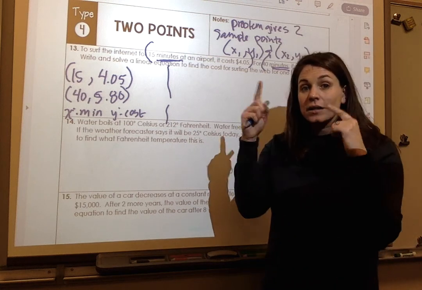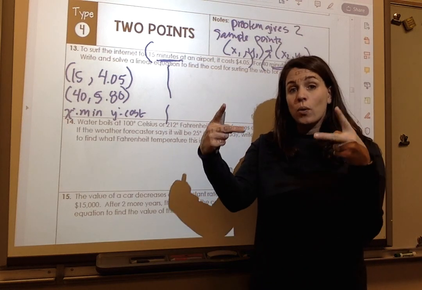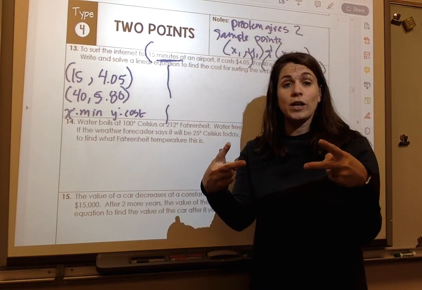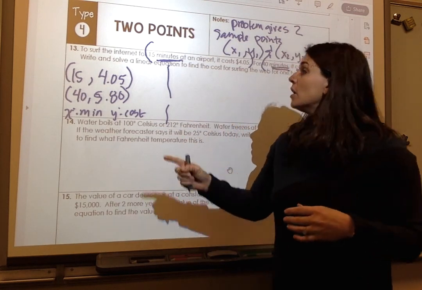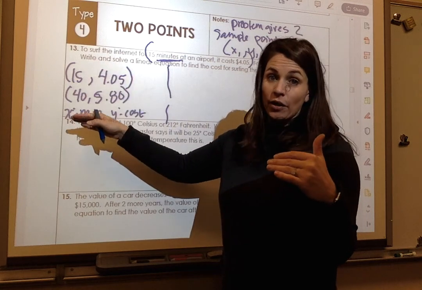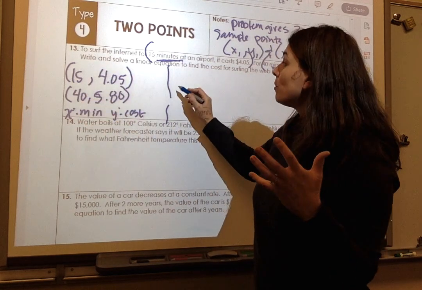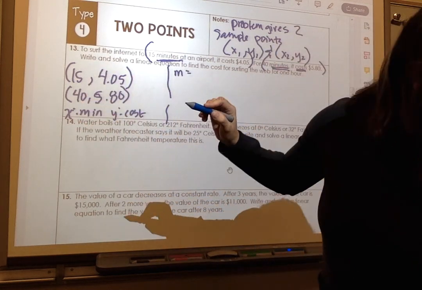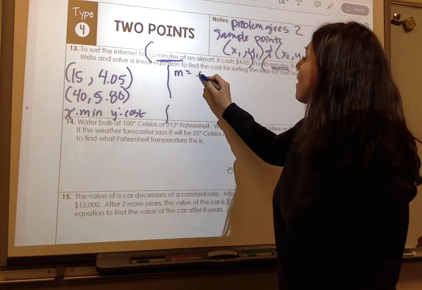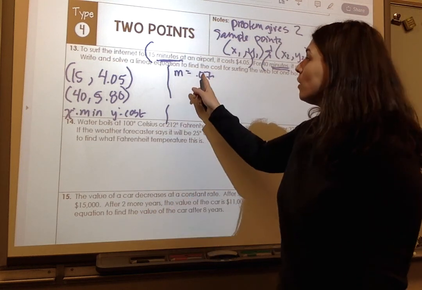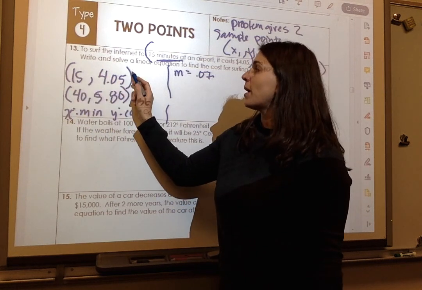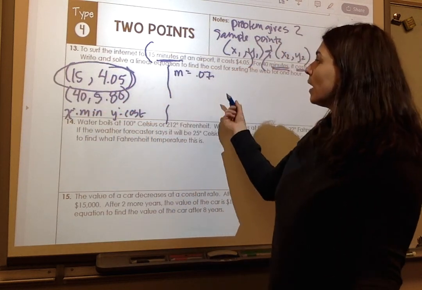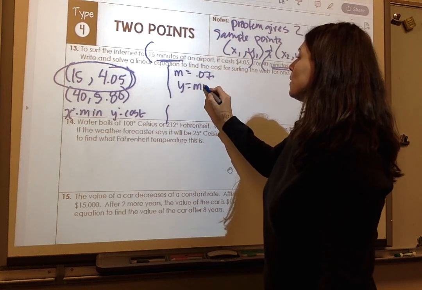So now think back to those videos. When you had 2 points, how did you make a linear equation? One, you had to find your slope, change in Y over change in X. So you can do this in a calculator, but you should be getting for your slope here 0.07. Now that you have your slope, you can use one point, it doesn't matter which one, and then you can plug in y equals mx plus b.